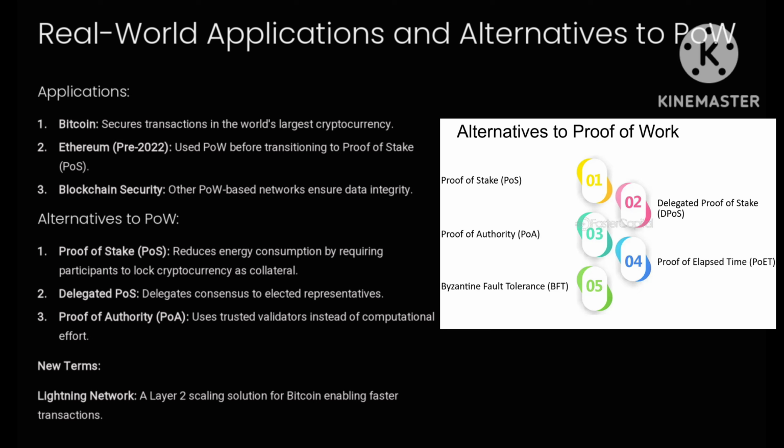Proof-of-stake (PoS), energy-efficient, with users locking cryptocurrency as collateral. 2. Delegated PoS, consensus delegated to elected representatives for efficiency. 3. Proof of authority (PoA), trusted validators replace computational effort. New term: Lightning Network, a scaling solution enabling faster Bitcoin transactions by processing them off-chain.